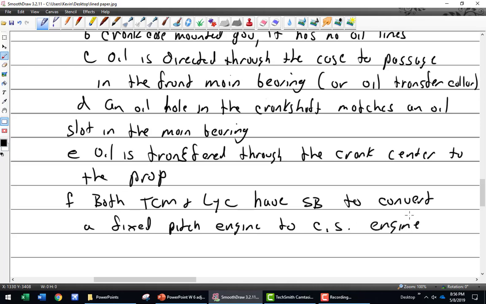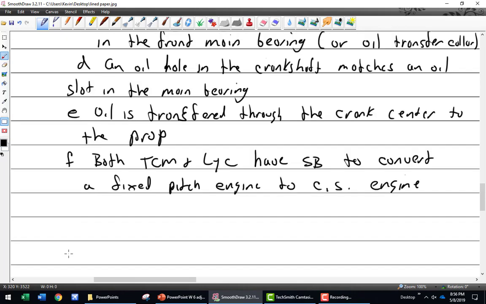So Tyler, you have a fixed pitch, right? Yeah. But I bet, because you have an O-360, you could convert yours to a constant speed if it were allowed by the airframe manufacturer. And to do it would not even really be that hard.